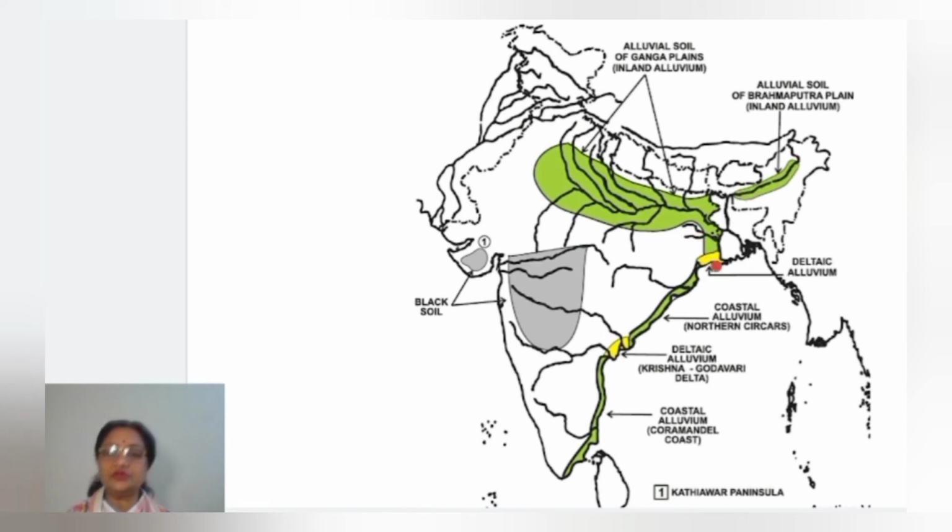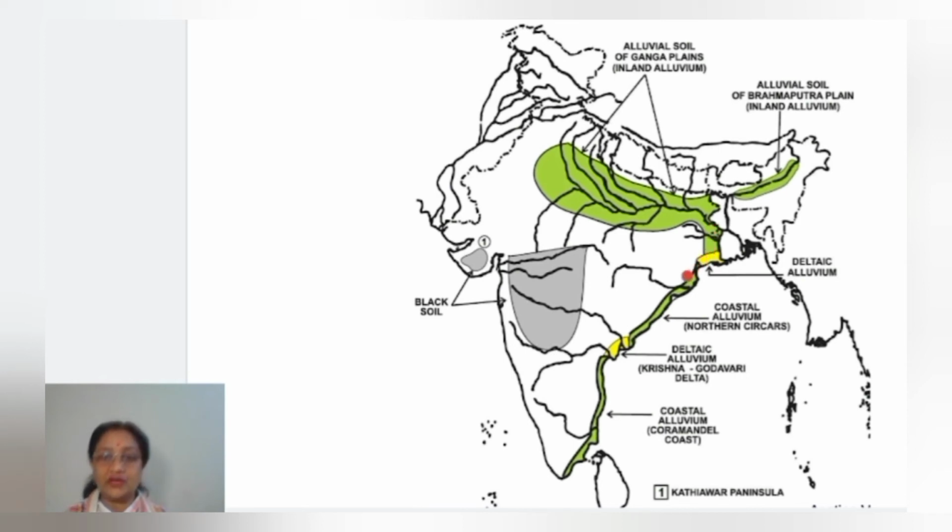Then come down to the Deltaic region, the Ganga and Brahmaputra delta. Major part of the delta lies in Bangladesh, so only the part which lies in India we have to mark. This is again deposited by the rivers, and this is alluvial soil only.